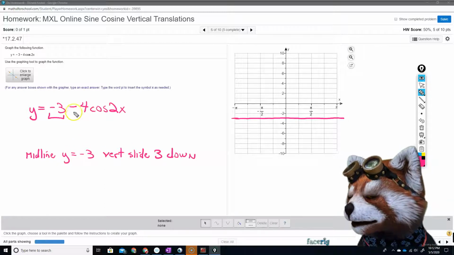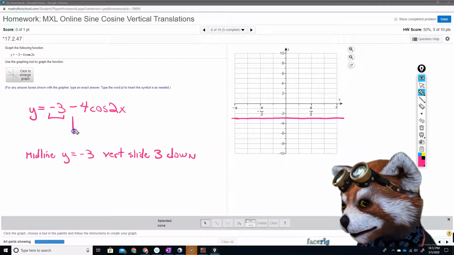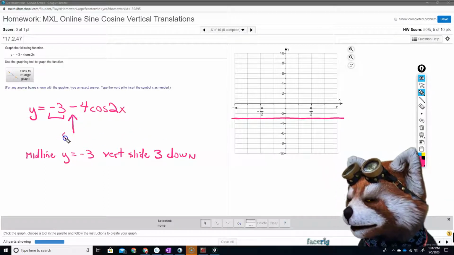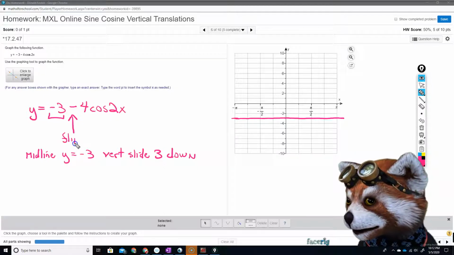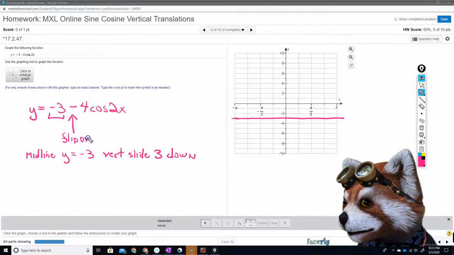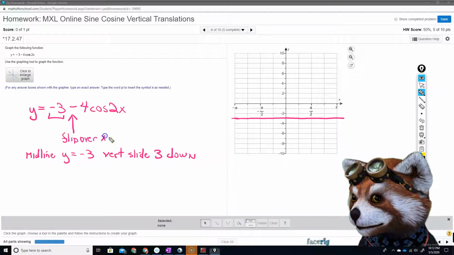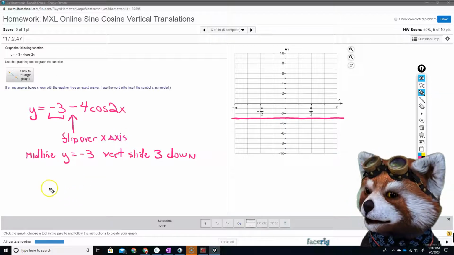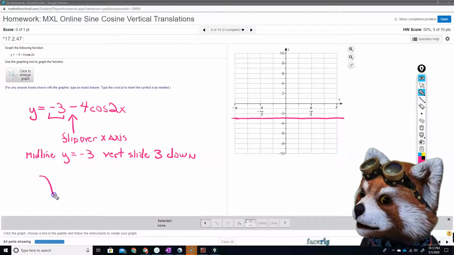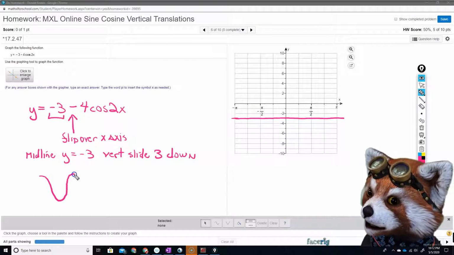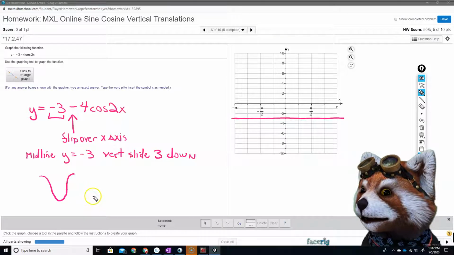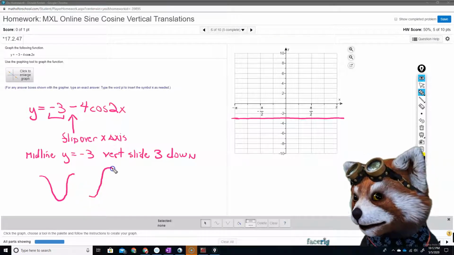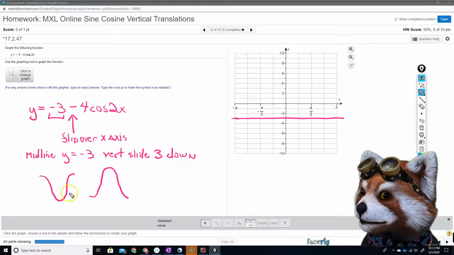All right. Now this negative, this is going to flip it over the x-axis. Okay, so this is a cosine. So a regular cosine looks like that. So our cosine is going to be flipped. It's going to look like that.